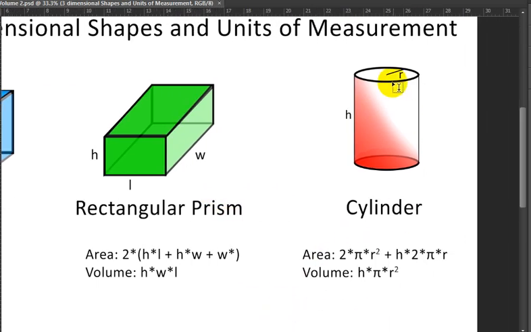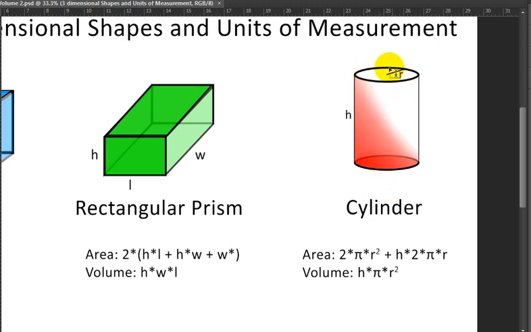Lastly, we have the cylinder. I'm sure you've seen shapes like this: cans of all sorts, or a bucket, a glass, many things. Here you can see that it has one base on top, one base on the bottom. There are circles, and then the body of the cylinder connects the two.